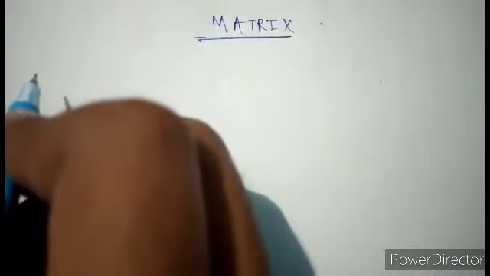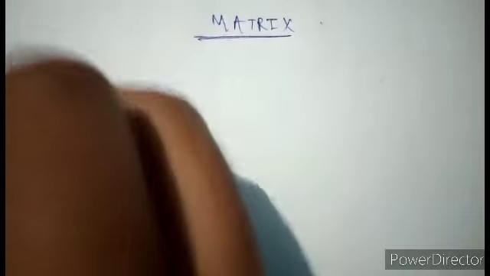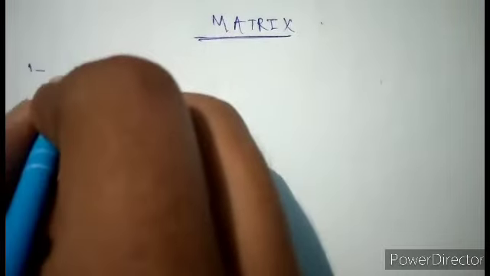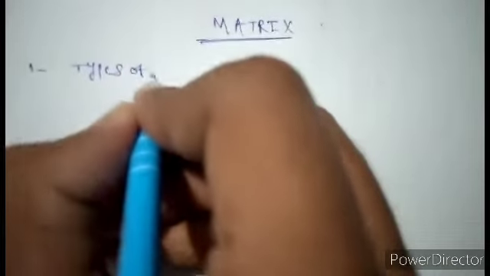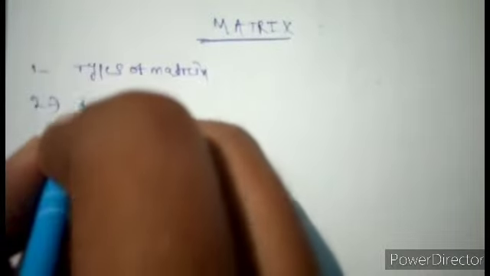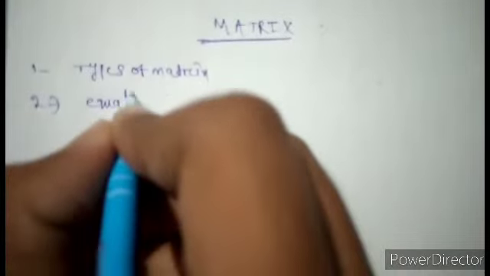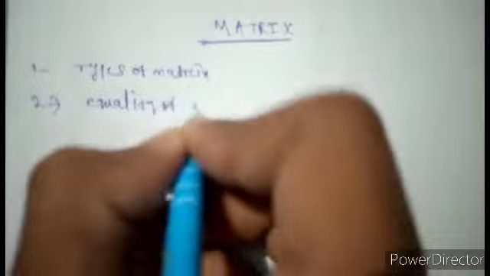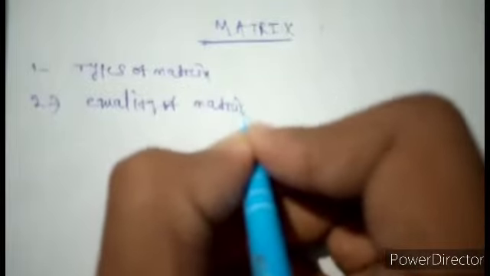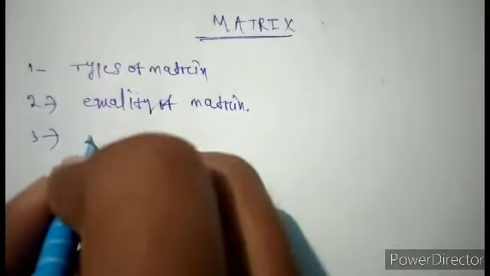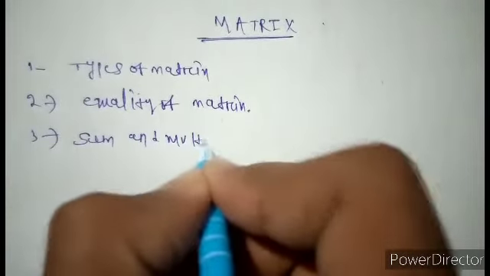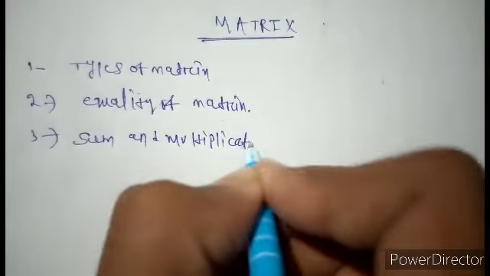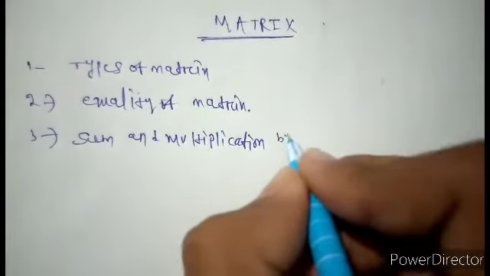In this topic we will cover, first, types of matrix. Second one is equality of matrix. Third one is sum and multiplication by scalars.